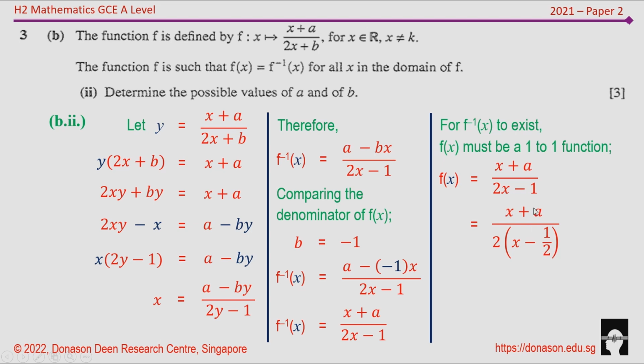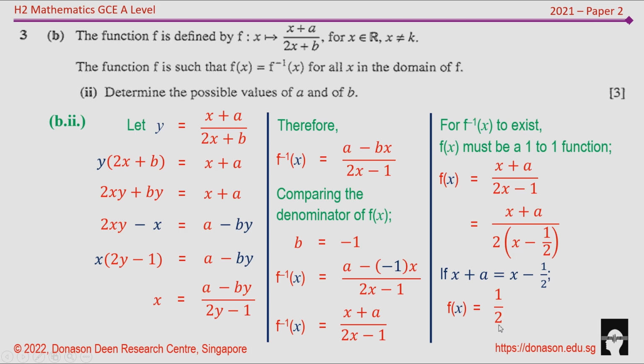If x plus a is equal to x minus half, then we would be able to cancel, right? And if we were to cancel it, the numerator would just have a 1 and the denominator would just have a 2. So function x would simply become half.